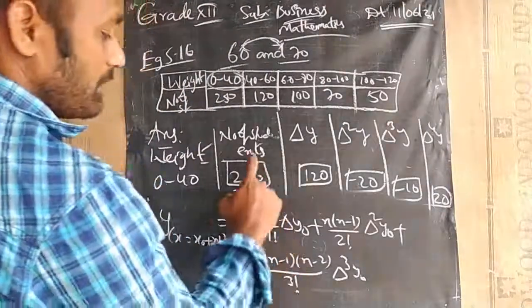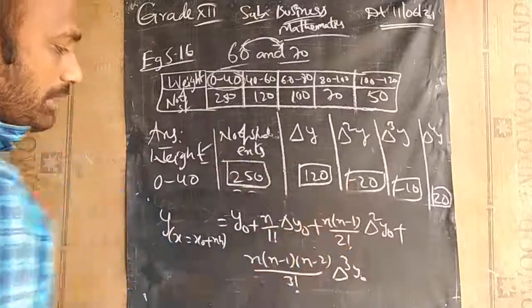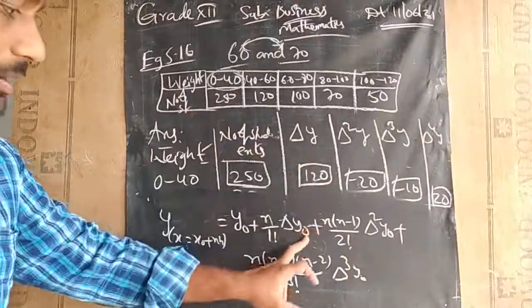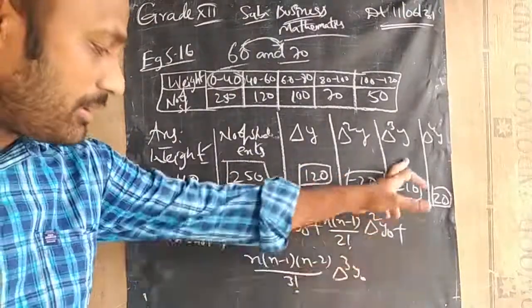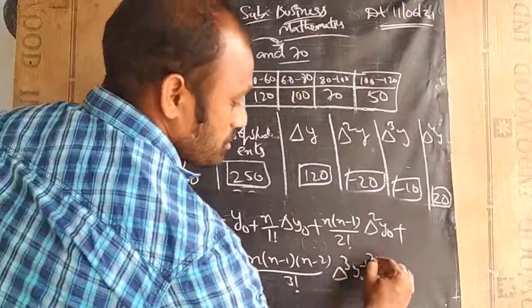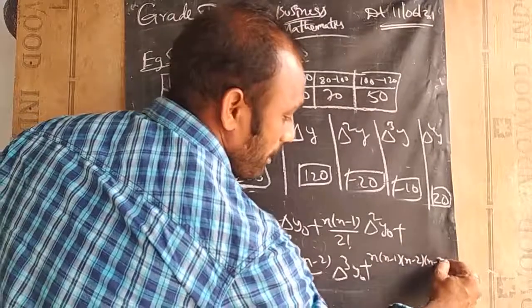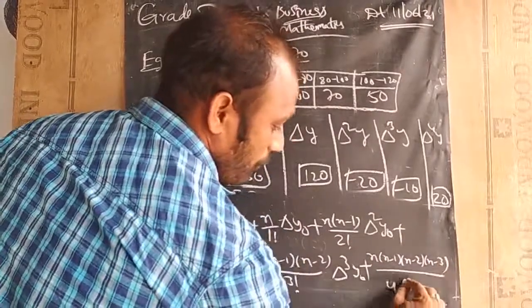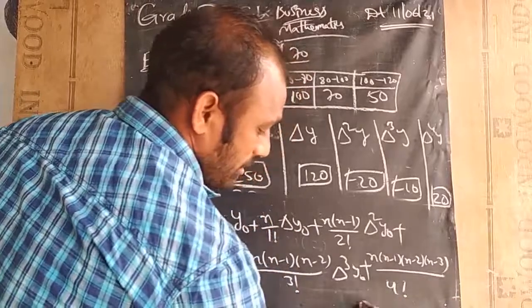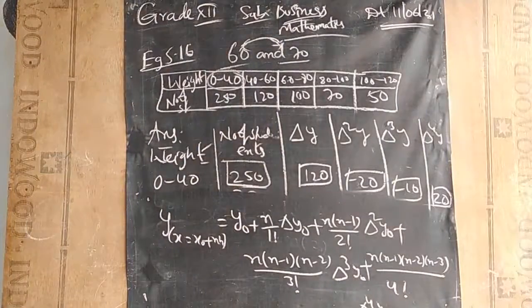So delta power 4 is also there, no? That also we need to get. So plus n into n minus 1 into n minus 2 into n minus 3 by 4 factorial into delta power 4 y naught. So now let us substitute the values in this.